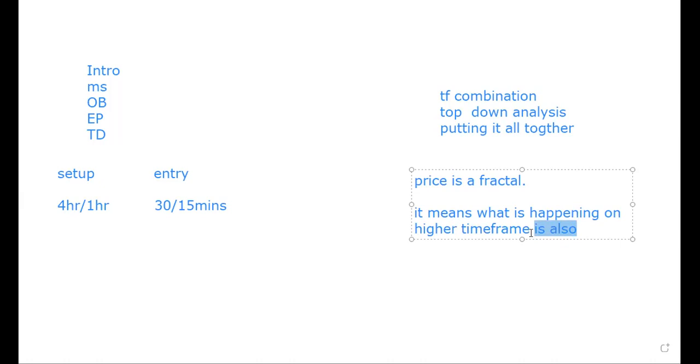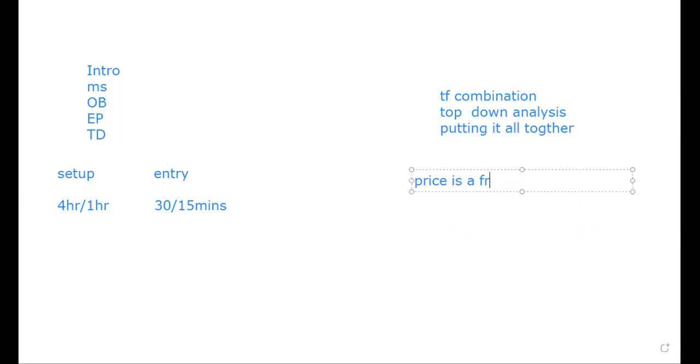You can feel the movement on the lower time frame. Price is fractal. It means what you see on the higher time frame, you can also see on the lower time frame. Let me just keep it short.